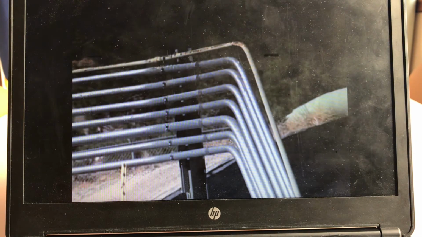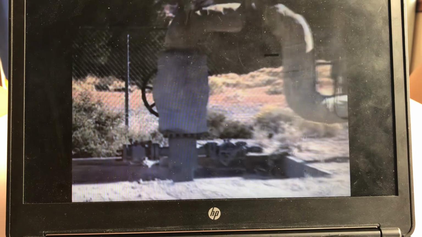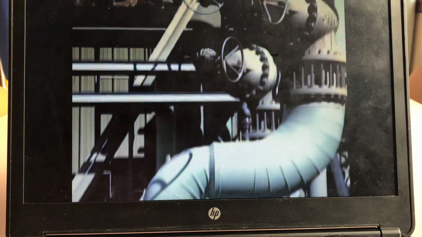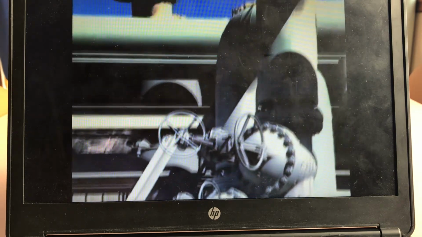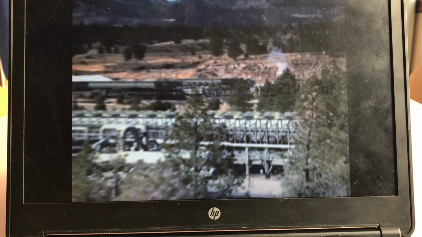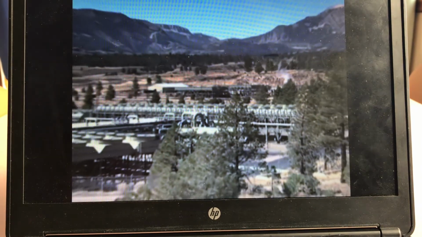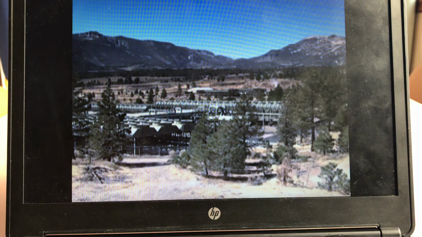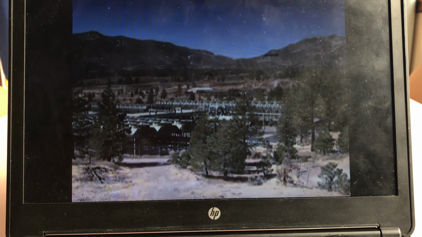Then it travels back through more pipes and is put back into the ground at injection wells. It's a complete cycle and a pollution-free way to obtain electrical power. Overall, the geothermal plant at Casa Diablo can generate about 30 megawatts of electrical power. This is enough to supply electricity to 40,000 people.